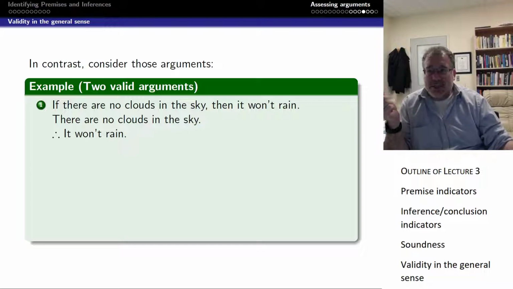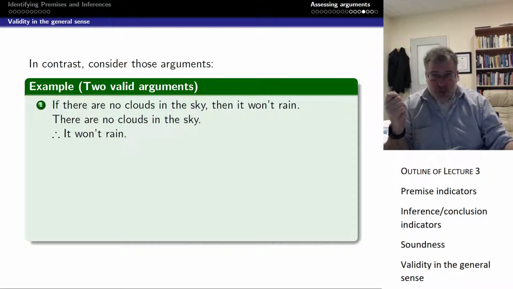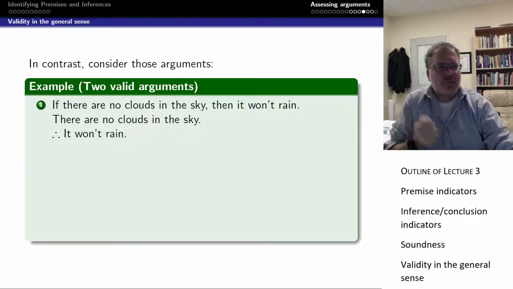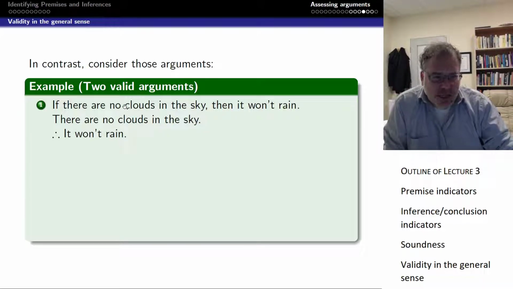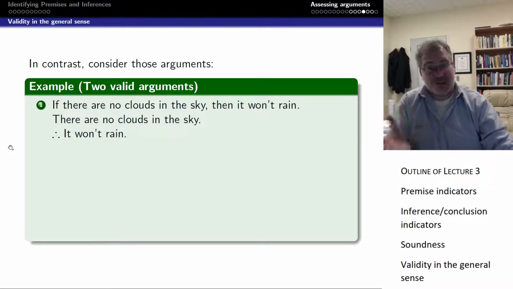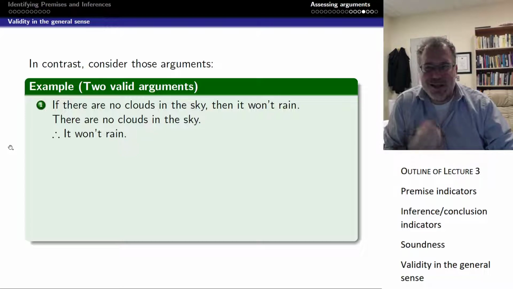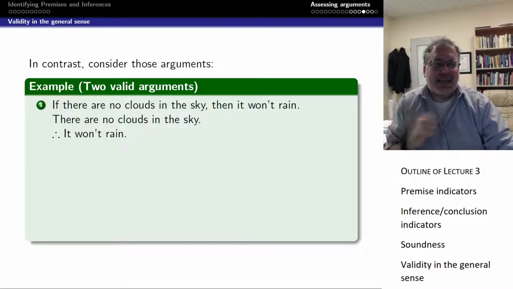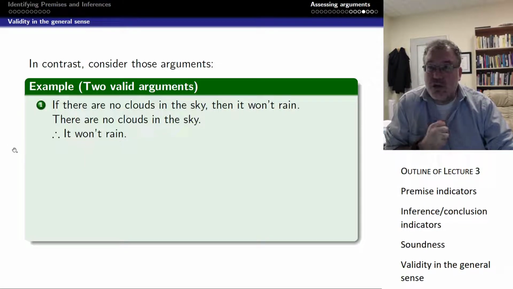But what we know is that if those two premises are true, the conclusion is true as well. There's a very strong connection between the premises and the conclusion. In fact, the strongest possible connection. It's guaranteed that if the premises are true, the conclusion is true as well.